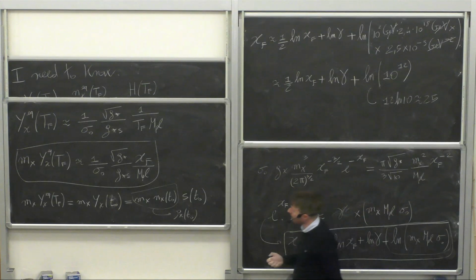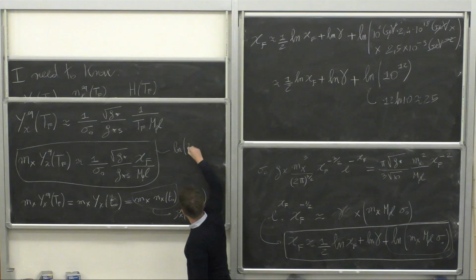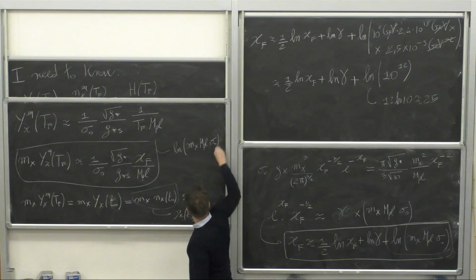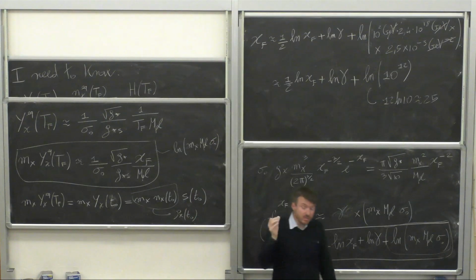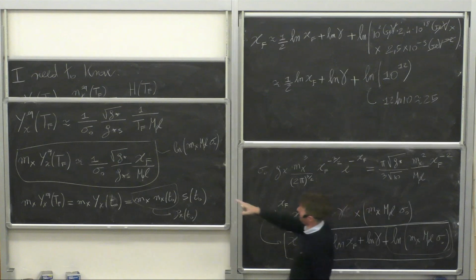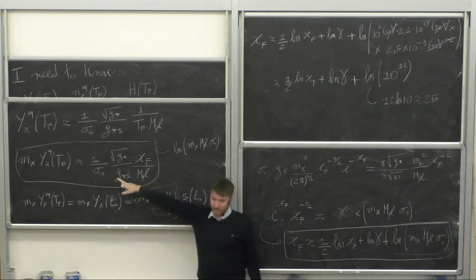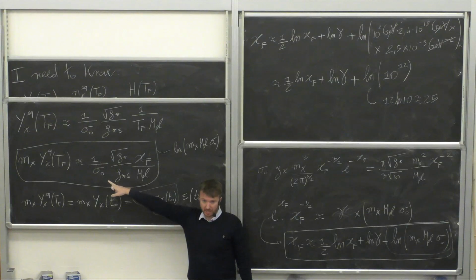And then there is this x_F. Remember, x_F is the log of m chi, M Planck, and sigma 0. So it's not true that the relic density depends on the mass. There is a small mass dependence, but the leading dependence is on the interaction strength.